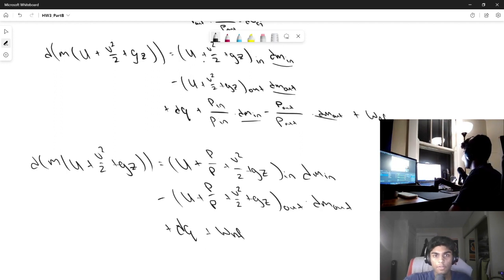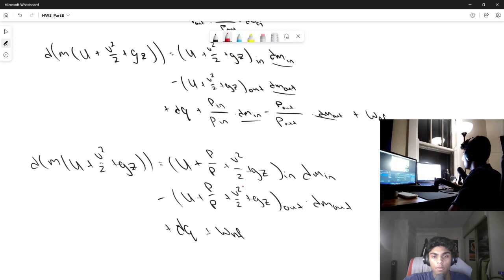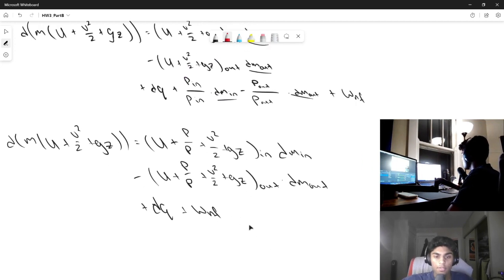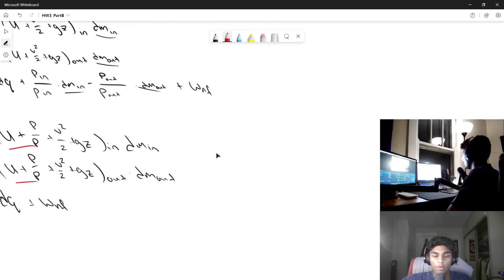So the next simplification we can do within our process here, we can look at this part here. And we can redefine this part using this equation, where H is equal to potential energy plus PV, where this V is known as the specific volume.